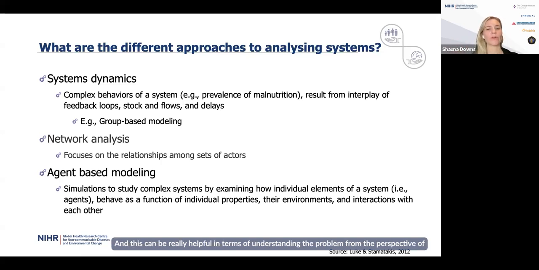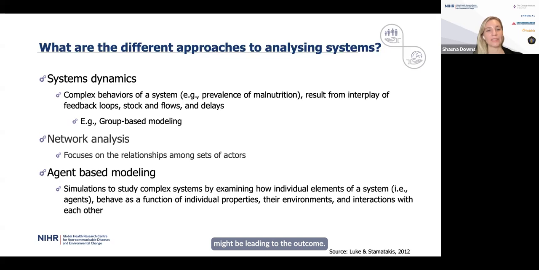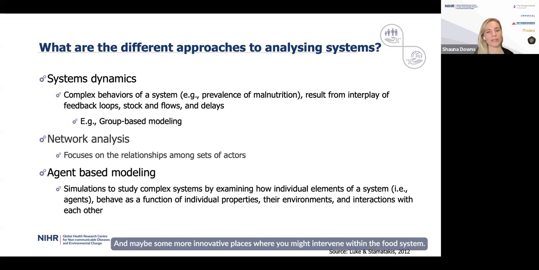This can be really helpful in understanding the problem from the perspective of the community, but also in identifying solutions to address some of the causes of the problem that might not be what first comes to mind when you're thinking about that nutrition problem. It broadens your perspective on what might be leading to the outcome, and maybe some more innovative places where you might intervene within the food system.